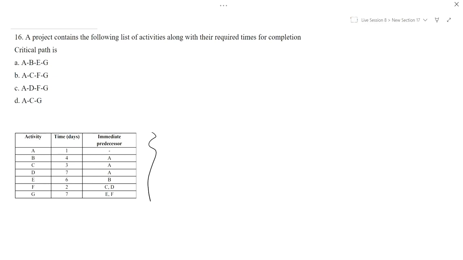Now this is 1 to 2. A is the first activity, just 1 day. Now B and C have the immediate predecessor as A. Now this is 3, 4. This is B. B has 4 days.